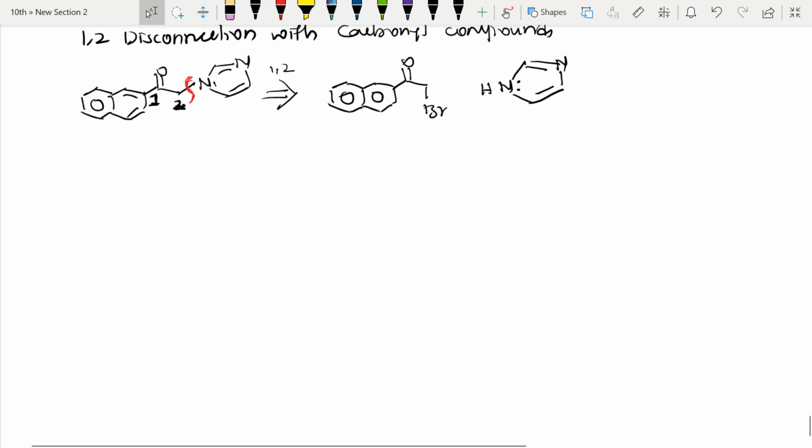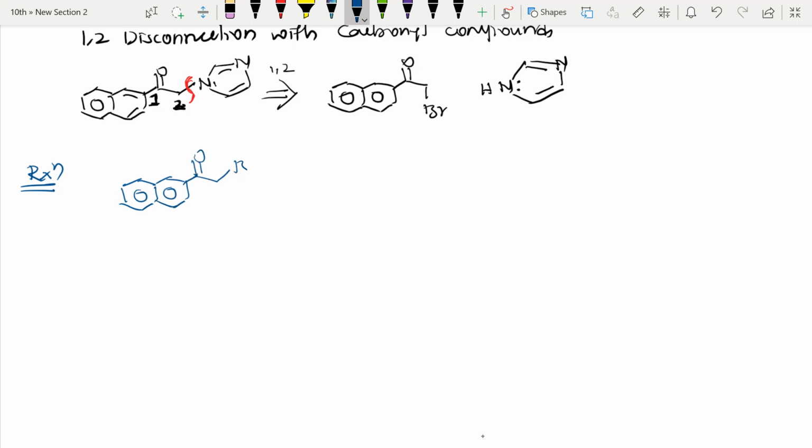If I want to write the reaction, see, this is a simple one. I will take the last product which is found from retrosynthesis, CO CH2Br. I can write like this also, I have just changed the conformation. So NH is there, and from this electron density it will attack this carbon and this bromine will leave the system, and this H will leave the system as HBr.